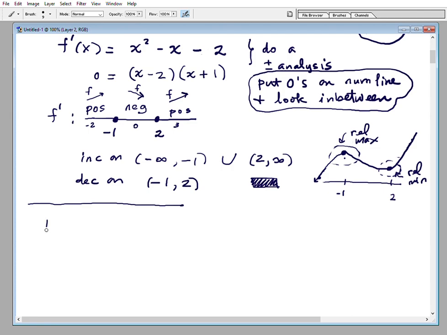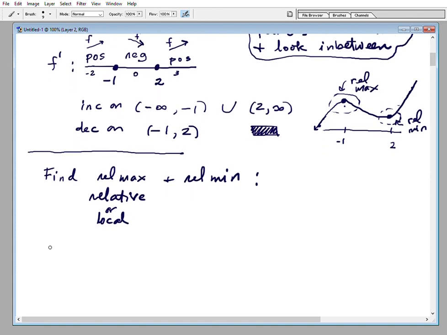So let's say we want to find relative max and relative min. All right, I'll write it out. Relative, also called local. And here's the procedure.